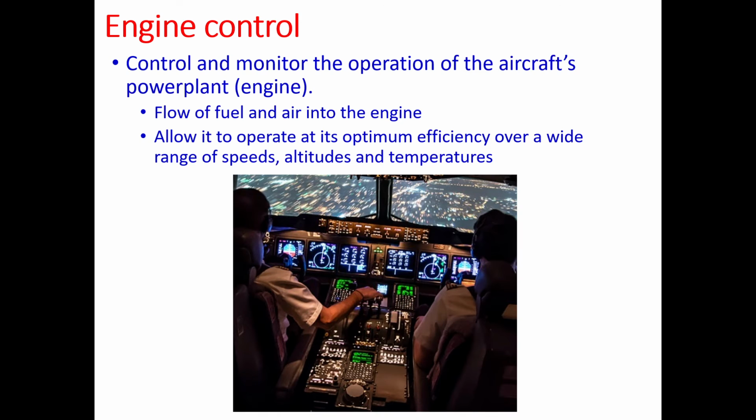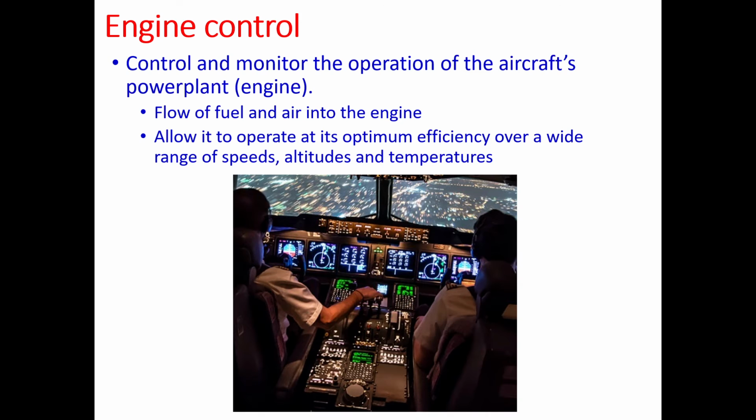But what we do when we say we have to control the engine is essentially we control the flow of fuel and air into the engine, which controls the combustion that's going to happen, the thrust that is generated, right? To allow it to operate at its optimum efficiency over a wide range of speeds, altitudes, and temperatures.